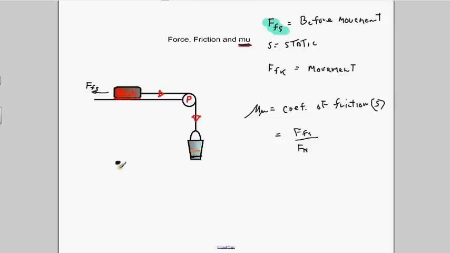Now, here's the block in question. Now is the time to consider that force normal. But we can't do the force normal unless we know about the force weight pulling down.